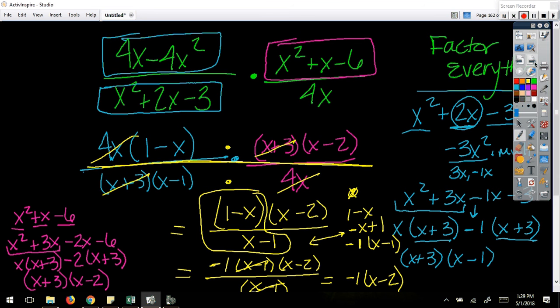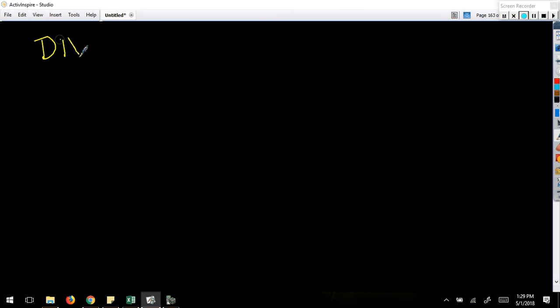A quick note about the division. If you can do the multiplication, you can do the division.